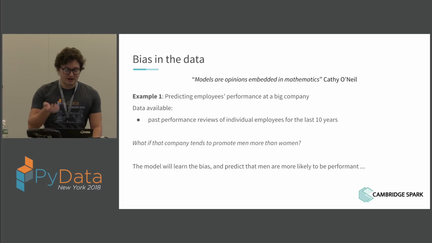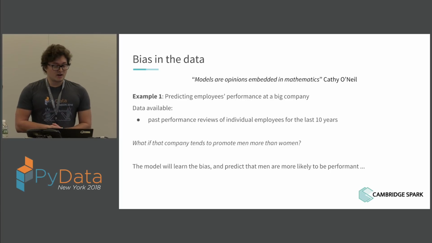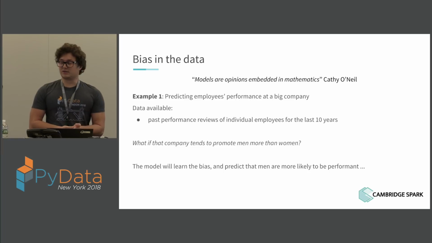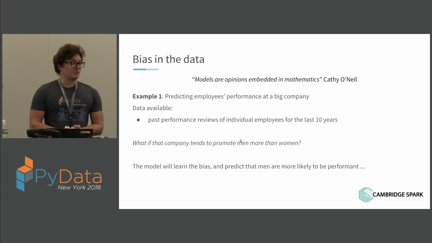So an example here, and I think that's a real example she gives in her book, say you work at a big company, you want to predict performance of your employees. As data variable, you have past performance reviews for individual employees for the last 10 years. But what if your company tends to promote men more than women?